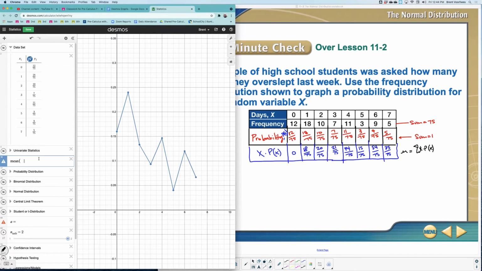So I'm going to come back to this in a second. So what do I have? I'm going to add this as a new list. Let's just call it M1. So the expected values: I have 0, 18 over 75, 20 over 75, 21 over 75, 44 over 75, 15 over 75, 54 over 75, and 35 over 75.